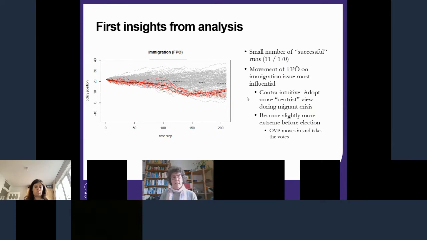I could identify that as the most influential for the outcomes in the simulation. In all the runs that come close to the actual outcome, the FPÖ adopts a more centrist view during the migrant crisis, which is rather counterintuitive. Then they become slightly more extreme again right before the election, where the conservatives, the ÖVP, can move in and take the vote.